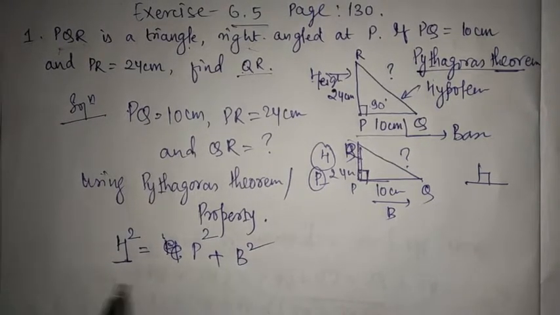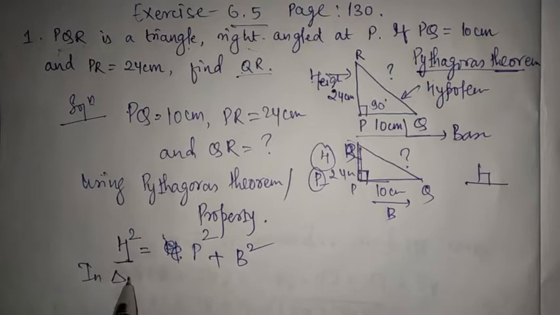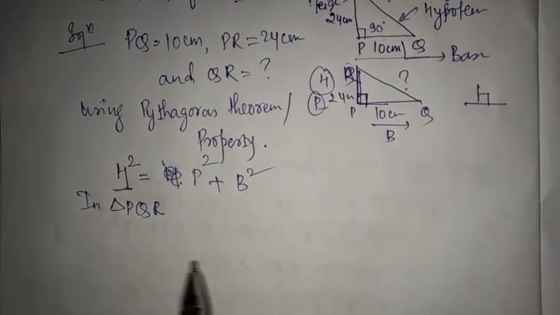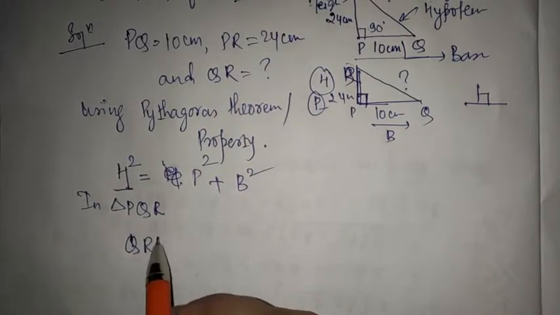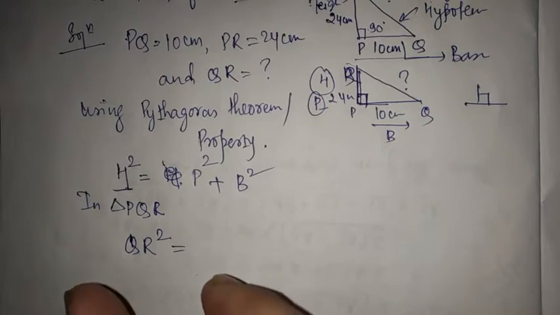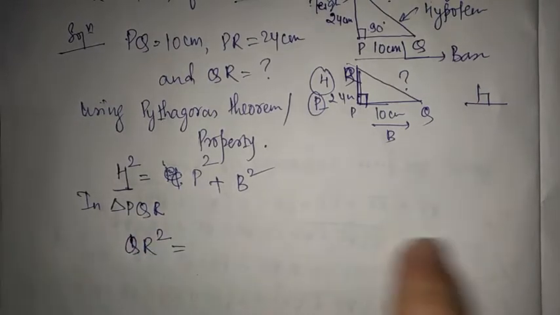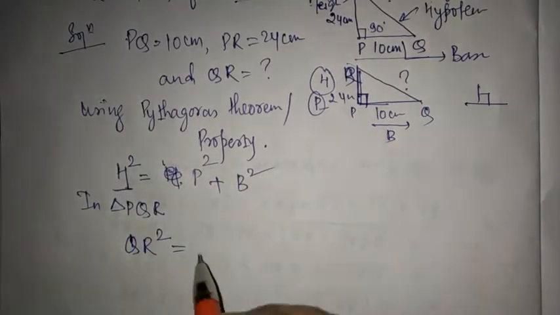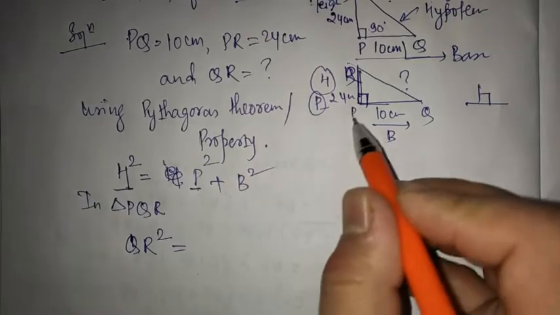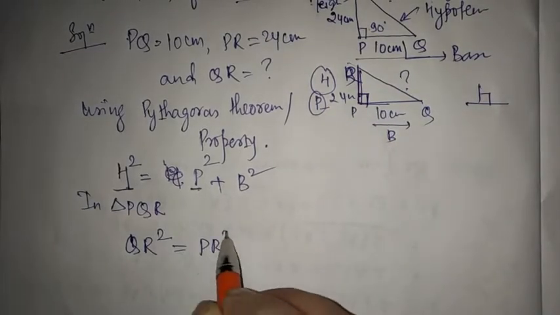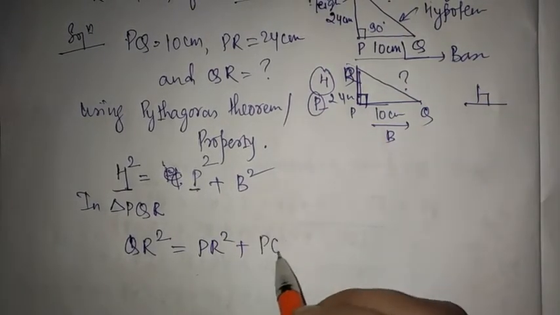So instead of this we can write in triangle PQR. In triangle PQR, what is the hypotenuse? Hypotenuse is QR square. So perpendicular will be PR square plus your base will be PQ square.